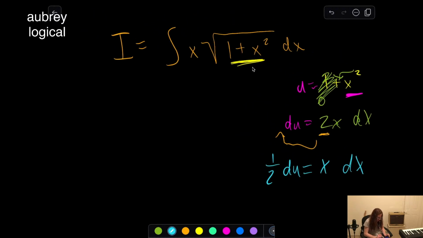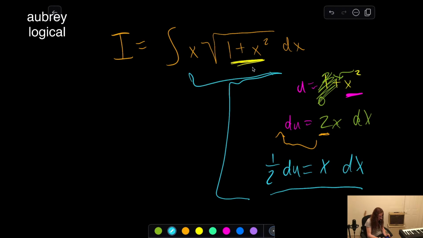The reason this is important is because this expression right here is exactly this, except for this constant number that's going to come out front of our integral.